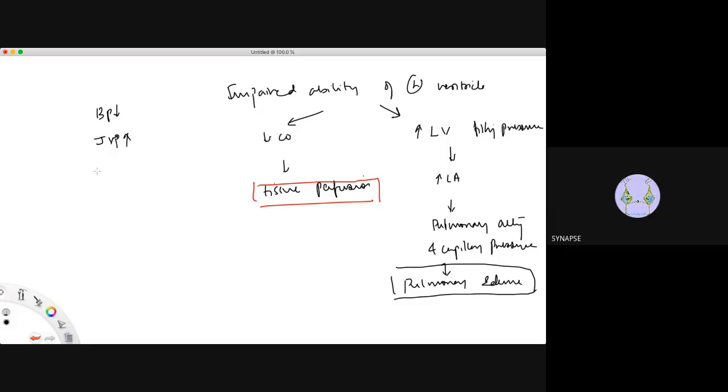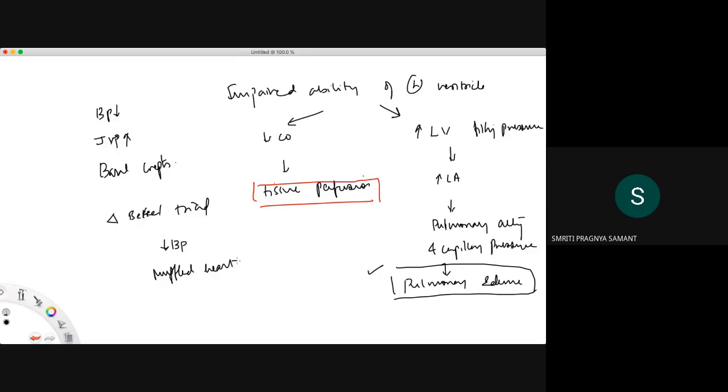If it's left-sided failure, you're going to see basal crepts, which we just explained, because of the pulmonary edema. Now, if it is because of cardiac tamponade, what is the triad? There's something called Beck's triad. BP is going to reduce, with muffled heart sounds, and you're going to have increased JVP.